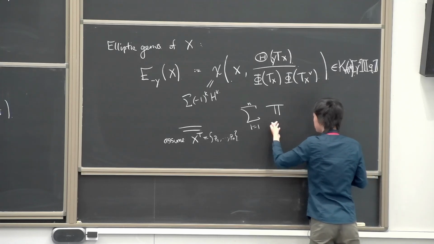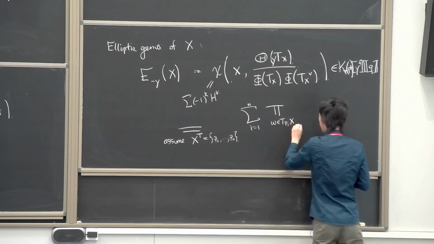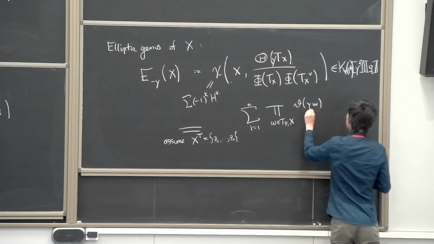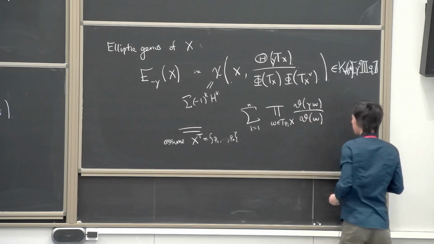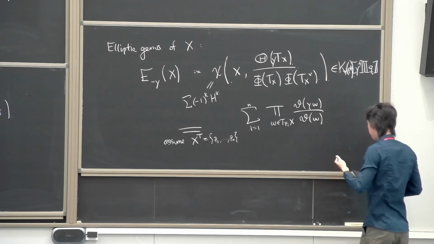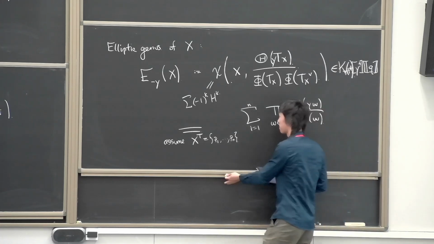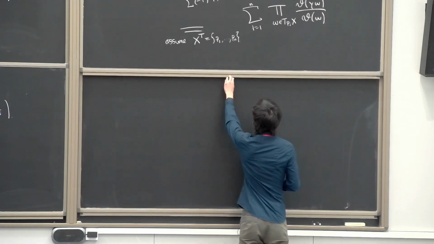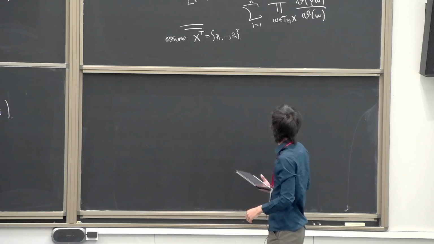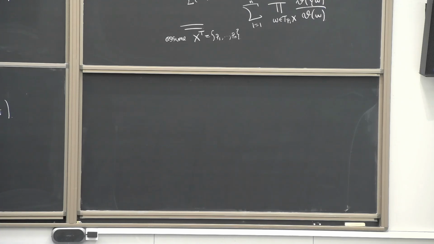Each term will be some product of T weights of the tangent space at each of the fixed points of theta function of y times the weight over theta function of the weight itself. So this is really some kind of meromorphic function on the torus T. Okay, and it's really something very, very concrete.